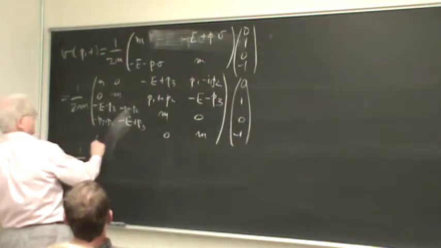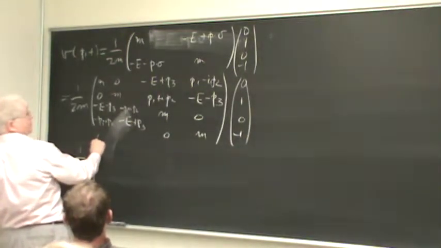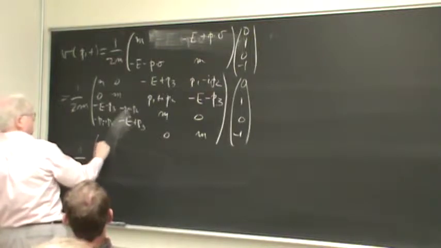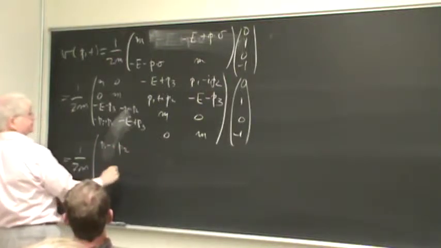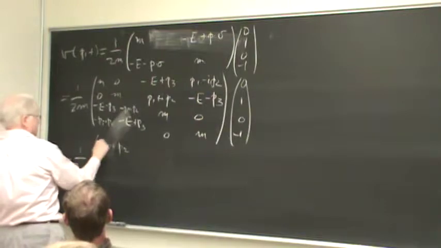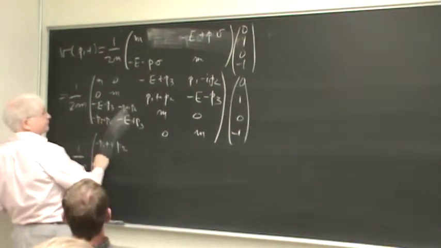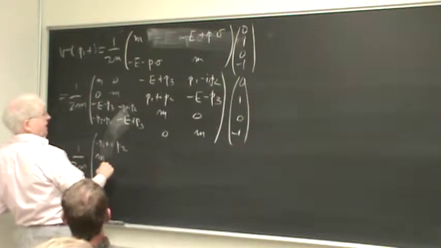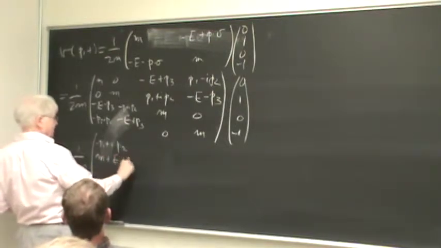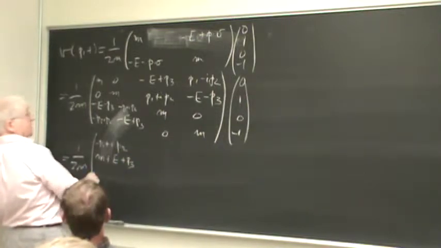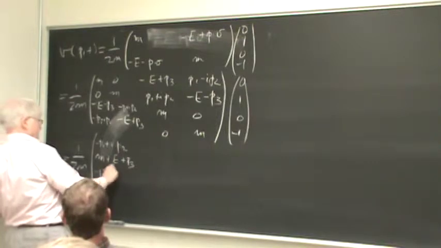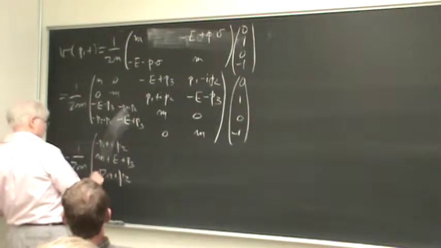So what do we get? We get p1 minus i p2 up, sign wrong because this is a minus 1. Then we get m, and we get e plus p3, and then the next one is minus p1 plus i p2.